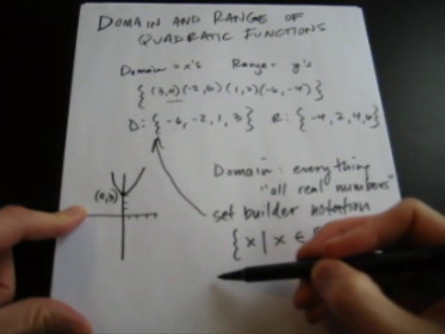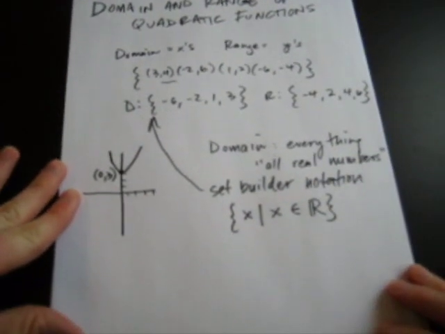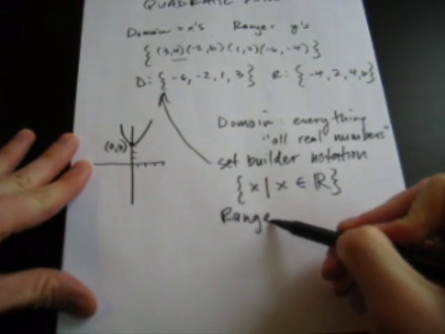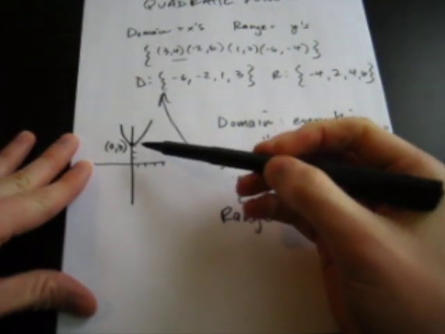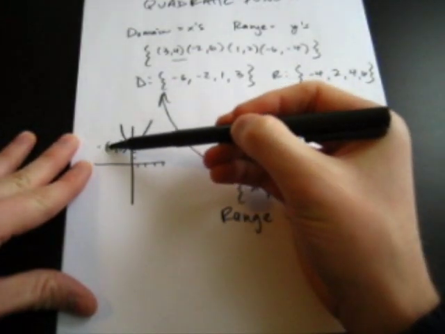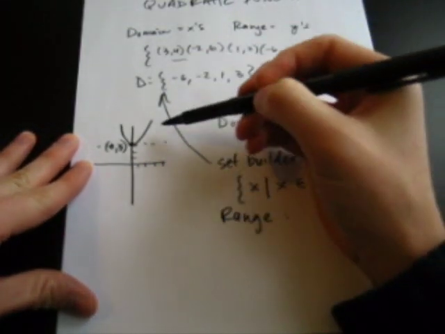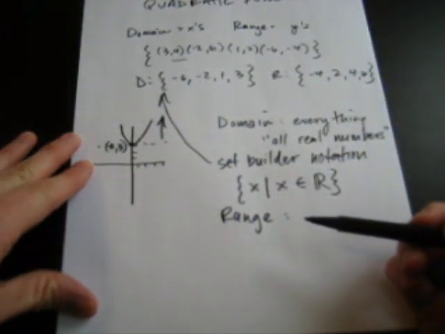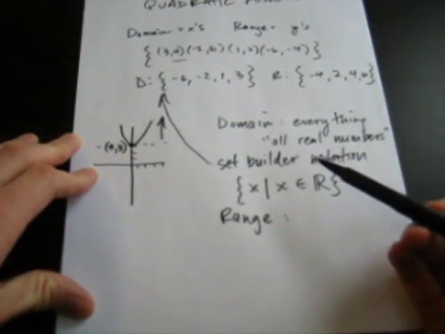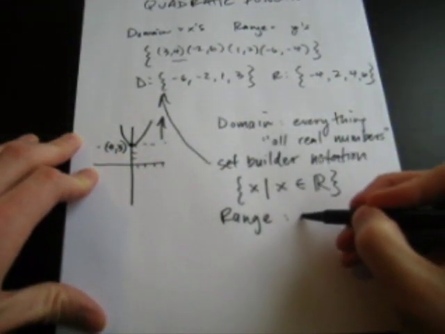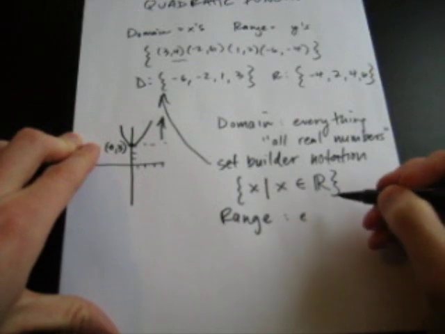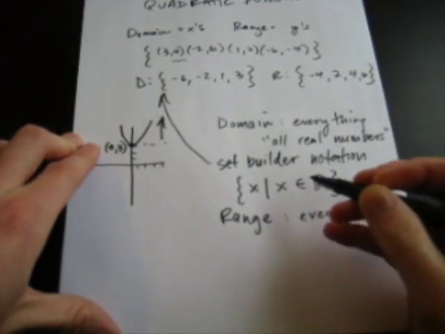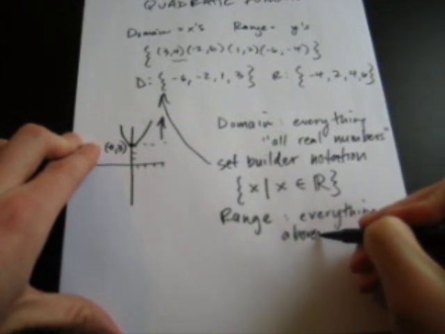Let's look at range. All the y's that work for this is everything that's above the vertex. Everything from here up. Since that vertex is at 0, 3, and it's an upward facing parabola, the range is going to be everything above the vertex.